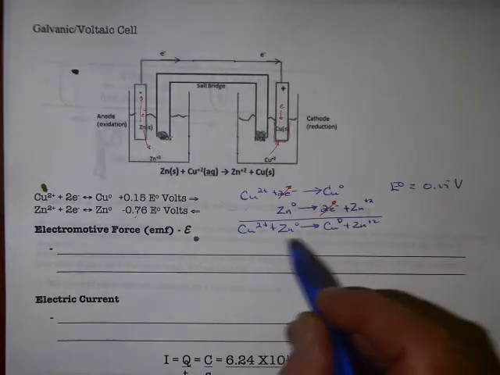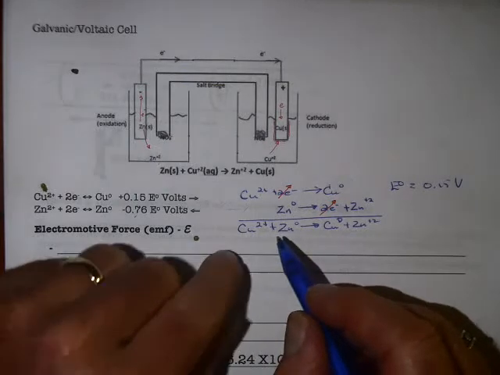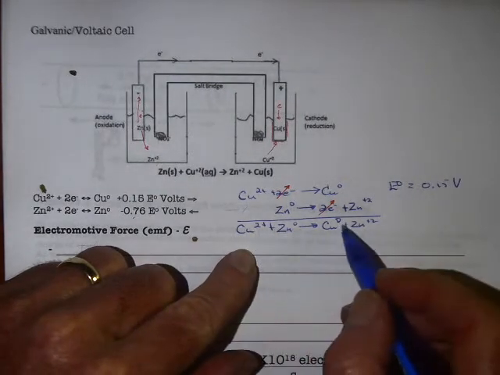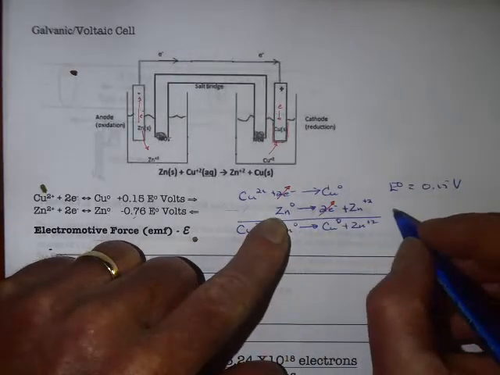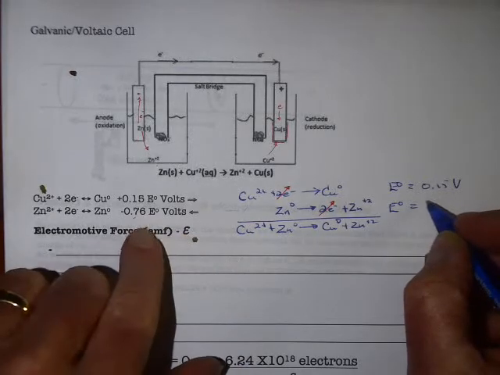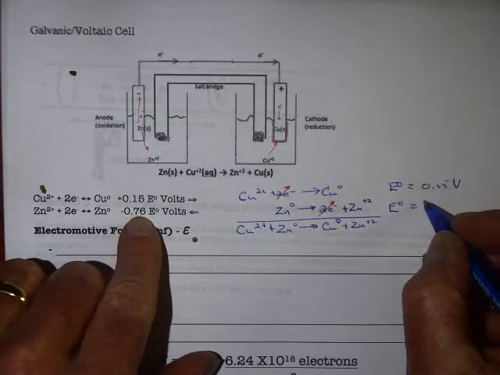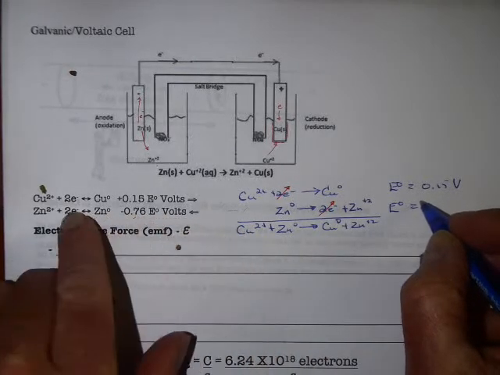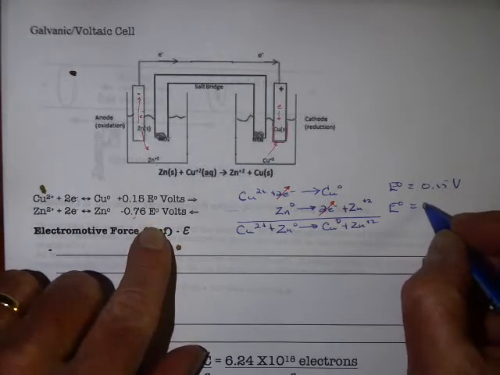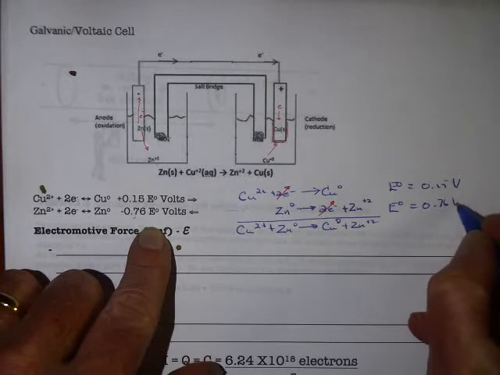So really what we see here is just a transfer of 2 electrons from here to here. Now in this one here, the standard half cell potential is no longer negative 0.76. Because it's going in this direction, I change the sign, and this becomes 0.76 volts.